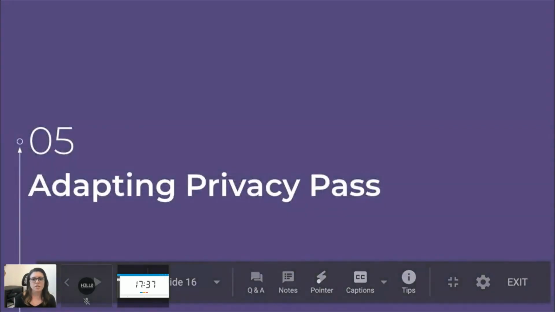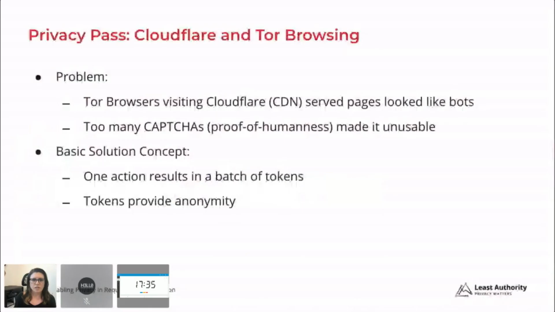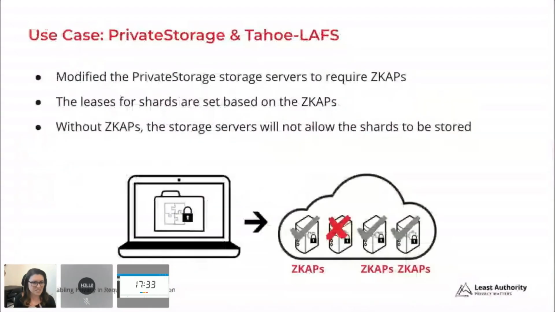So adapting privacy paths. Oh, I'm sorry, I missed a slide. Before I go to adapting privacy paths, let's talk about how we modified Tahoe LAFS for private storage. So we modified the private storage servers to require ZCAPs, and like I mentioned, these anonymous tokens.